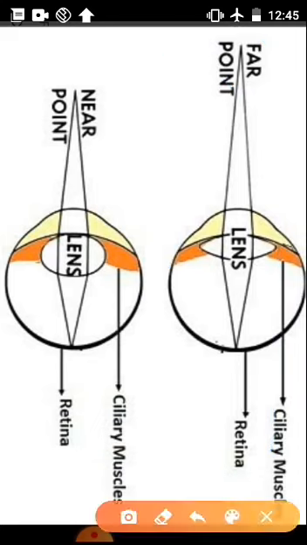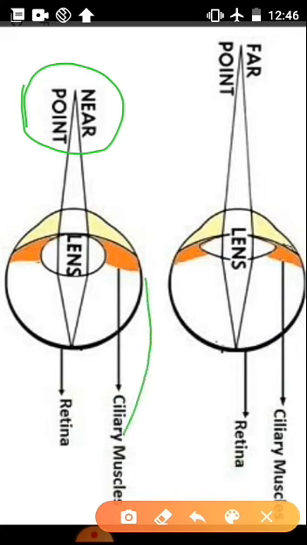Okay, the next one: when can we get a clear image of a near object? When the ciliary muscles contract, it decreases the focal length.